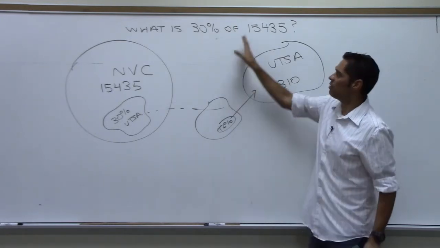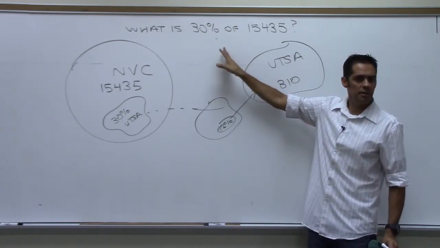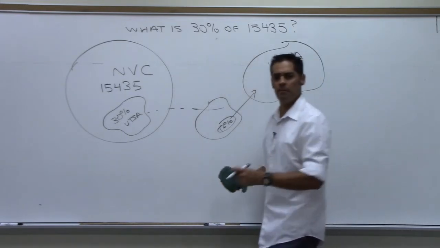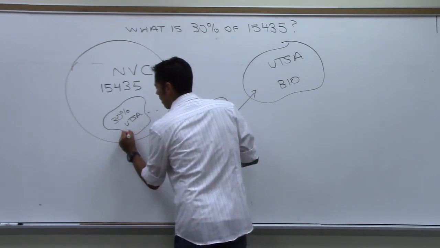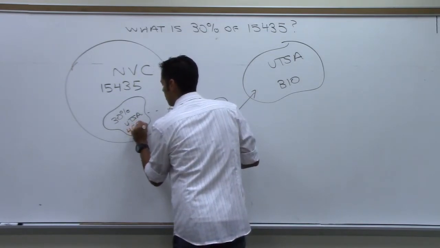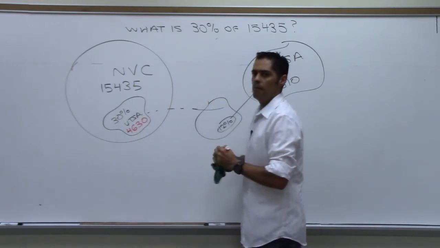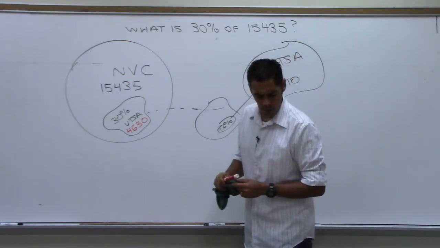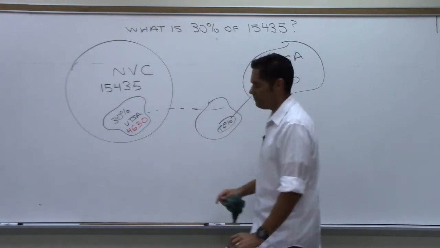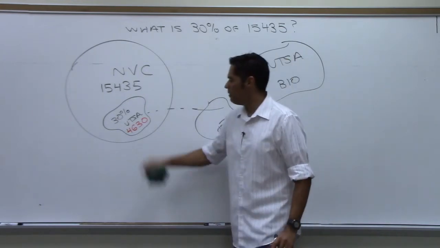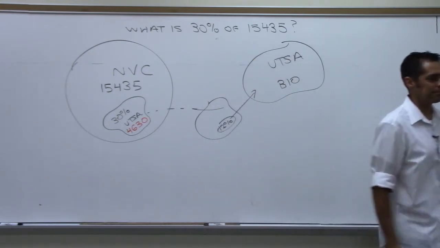And can I trust that you could write that as an equation now, and come up with the answer? And what does it come out to be? 4,630. So there are 4,630 students. If it's a decimal, we'll just cut that person in half, or round. So we'll just go with 4,630.